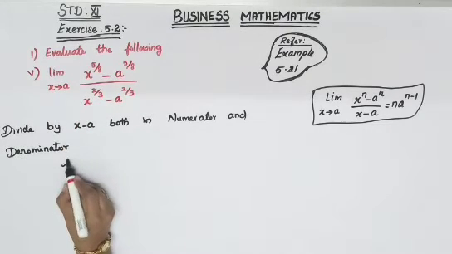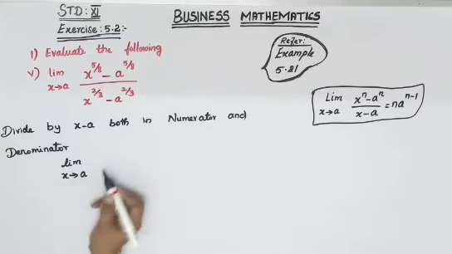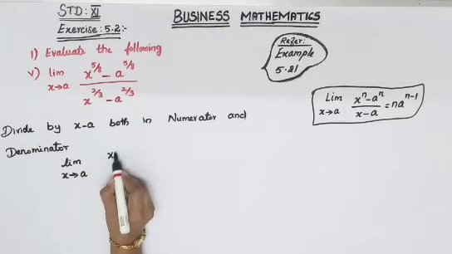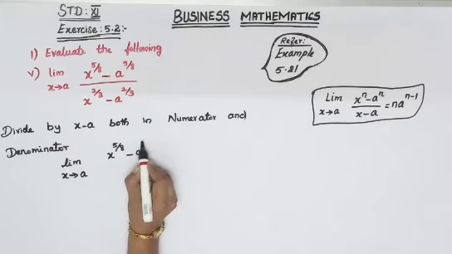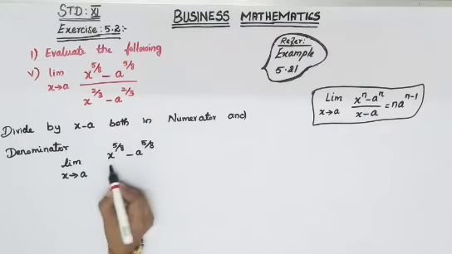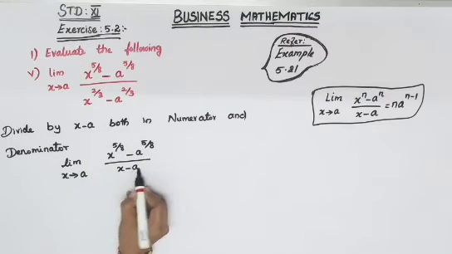So this question will become limit x tends to a, x power 5/8 minus a power 5/8 as it is. Now we will have to divide by this x minus a to get this format.